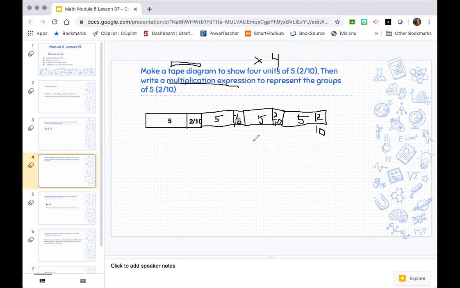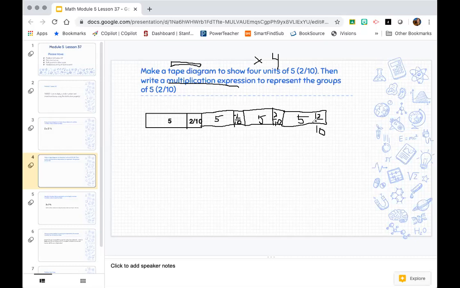Okay, to turn this now into multiplication, what do you guys see here? We have 1, 5 and 2/10, 2, 5 and 2/10, 3, 5 and 2/10, 4, 5 and 2/10.